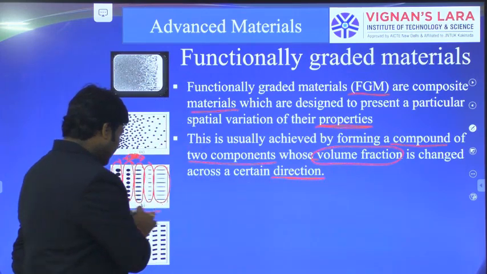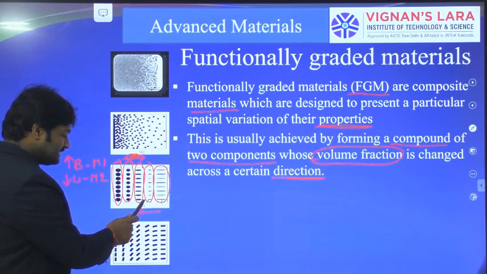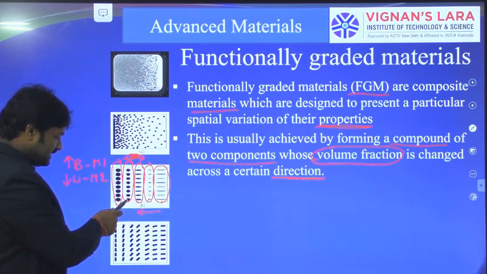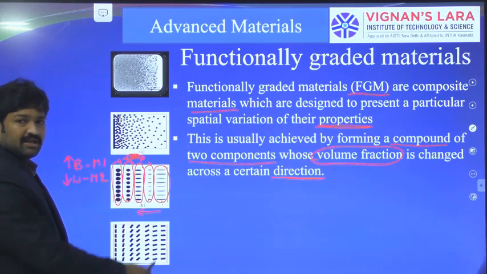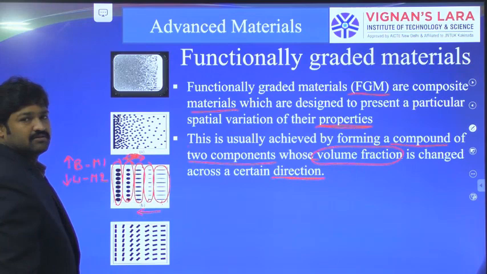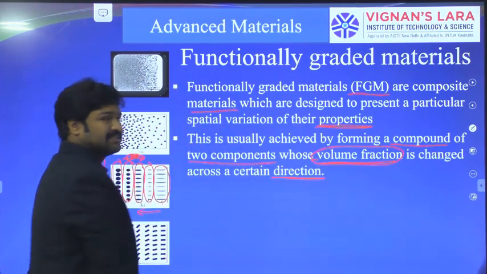Here the portion of black is less, and it is increasing, furthermore increasing, so the volume of material 1 is increasing. Simultaneously, automatically, material 2 is decreasing. So the volume fraction is changed along a certain direction.